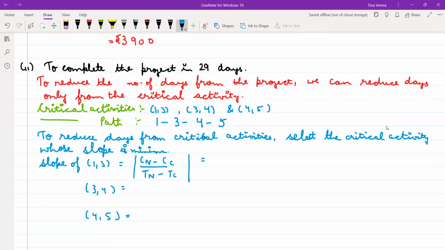So if you find out, this is coming out to be your 1600 minus 700 divide by 8 minus 5, या उल्टा भी लिख दोगे तो कोई फर्क नहीं पड़ेगा, right? This is in the magnitude. So it is coming out to be your 300. It is coming out to be your 250 and it is coming out to be your 150. Is it clear?